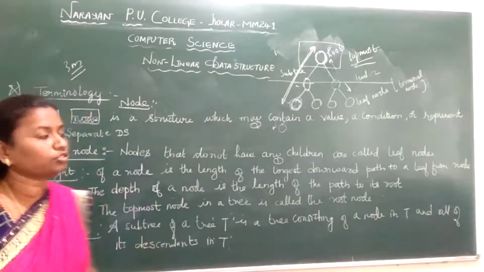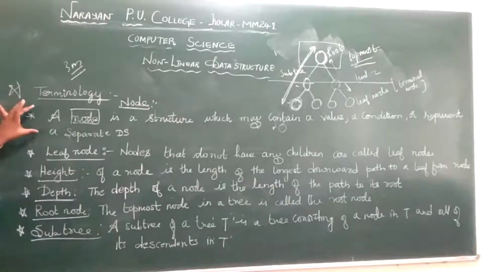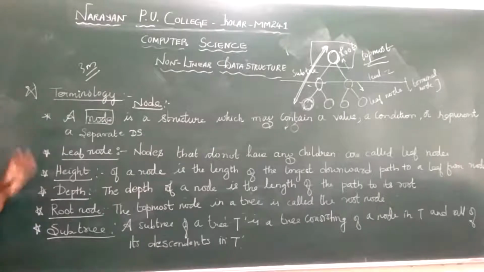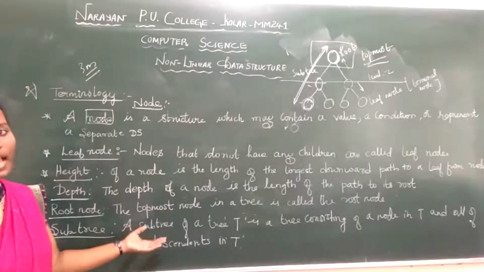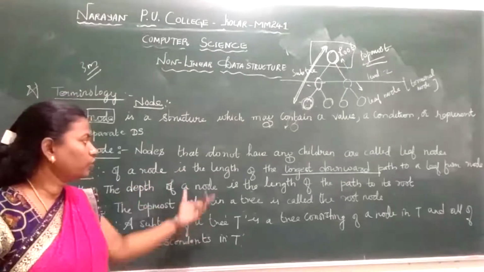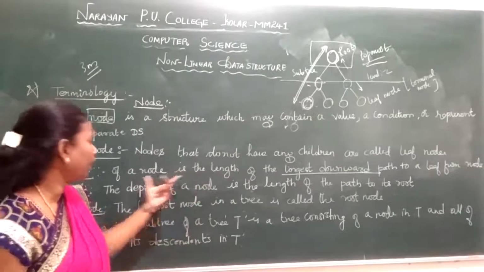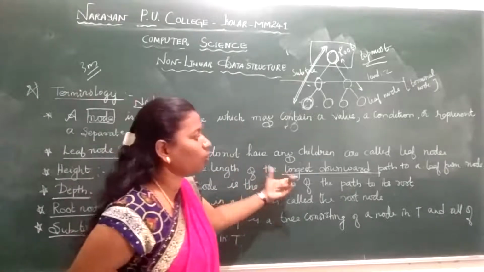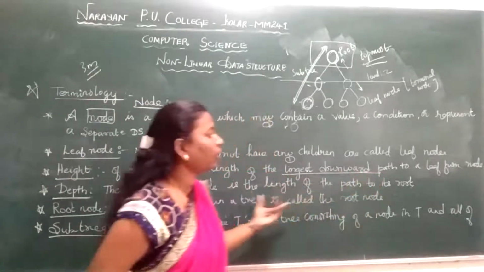I repeat, so you just make a note of it. What is a node? A node is a structure which may contain a value or a condition, or it forms a separate data structure. A leaf node is a node that does not have any child node. The height of a node is the length of the longest downward path to a leaf from a node.